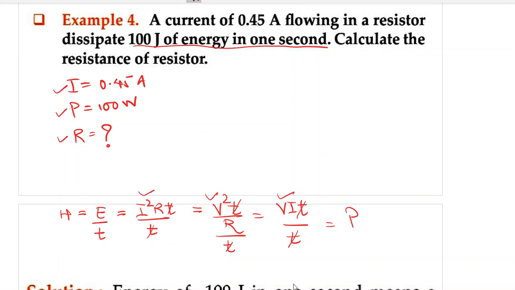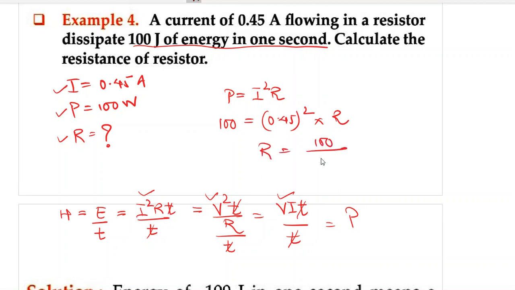So in this, we know that we have I and we have P, and we have to find R. If we write the formula, P is equal to I square R, and substitute the values, 100 is equal to 0.45 square multiplied by R. We will get R as 100 divided by 0.45 into 0.45.